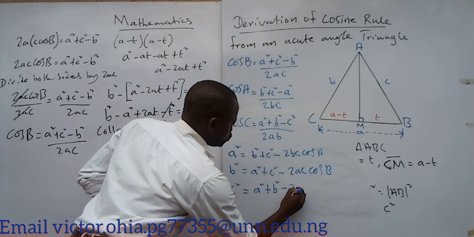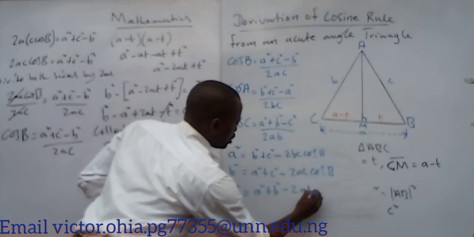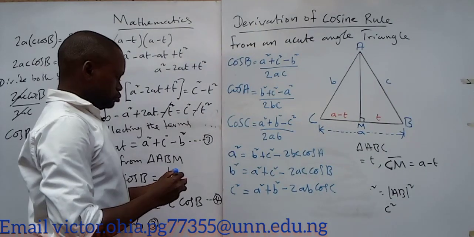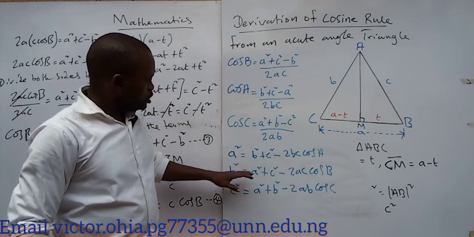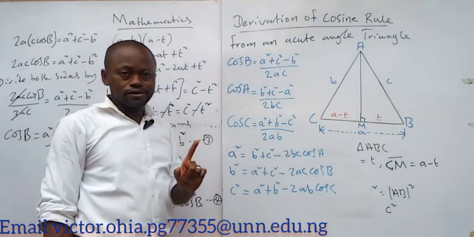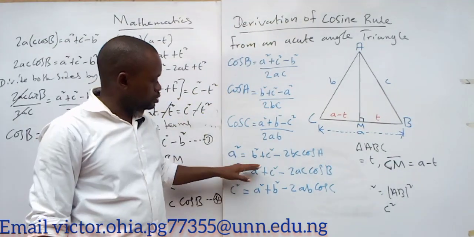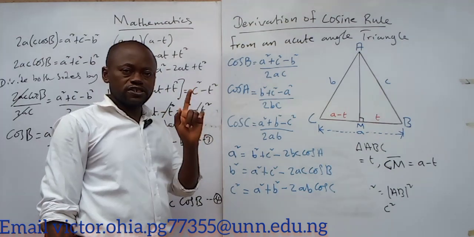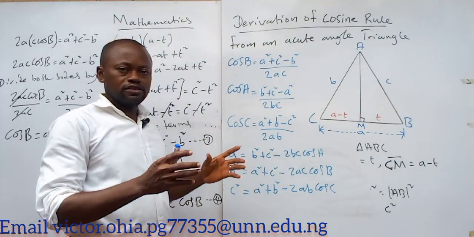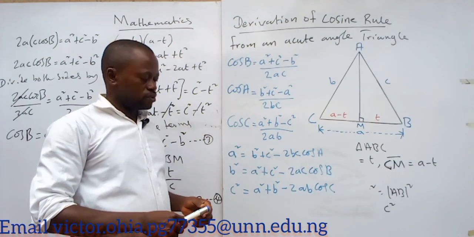Okay, minus 2ab, then cos capital C. Okay, these 3 are what you use to solve for the angles, and these 3 are what you use to solve for the sides of the triangle that is given to you.